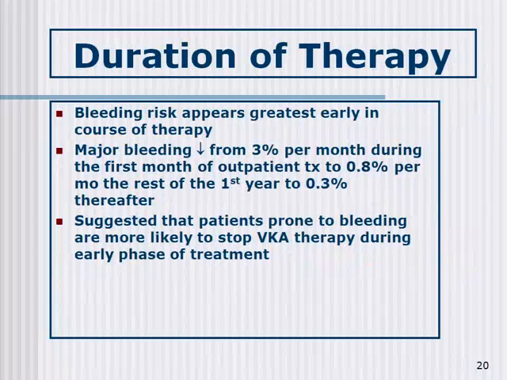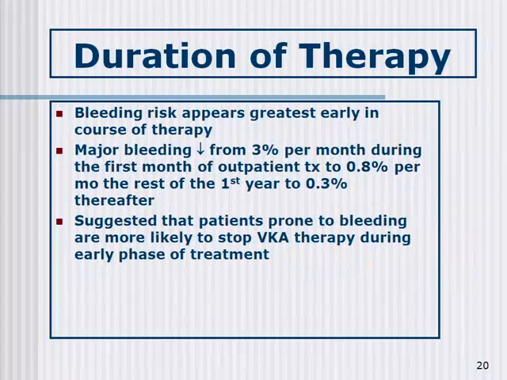So, slide 20, just to comment about duration of therapy, and the take-home message here is that most bleeding risk is greatest early in the course of therapy when you're making dose adjustments, where you may be overshooting the INR. The evidence suggests that in the first month of treatment, the risk of major hemorrhage is about 3%.